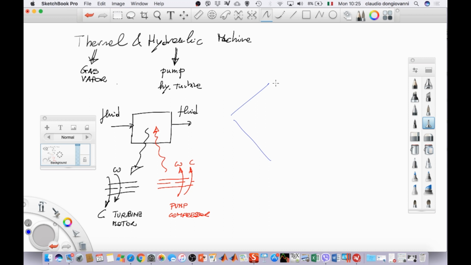Machines that we call dynamic machines, or machines that we call net positive displacement machines. Obviously, they work in a totally different way.